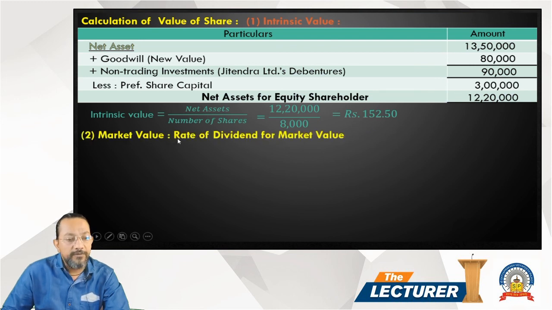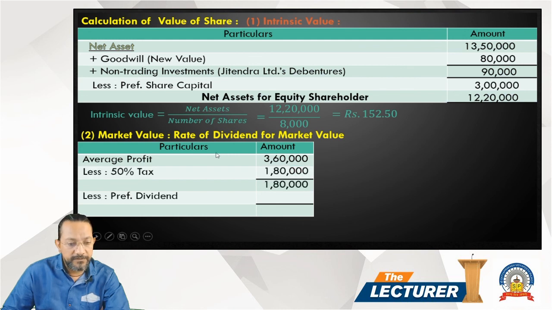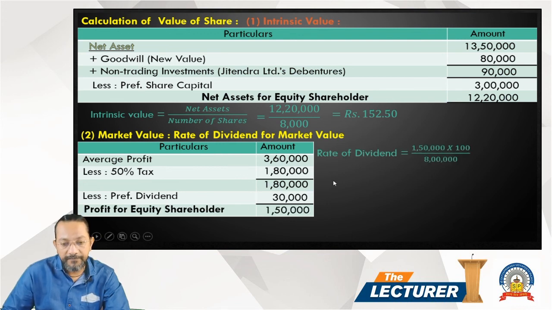Now market value. For the calculation of market value, the rate of dividend is calculated. Average profit 3,60,000 given in the question, less tax 180, less preference dividend 30, so the profit for equity shares is 150. Rate of dividend is 150 into 100 divided by 8,000, based on yield.